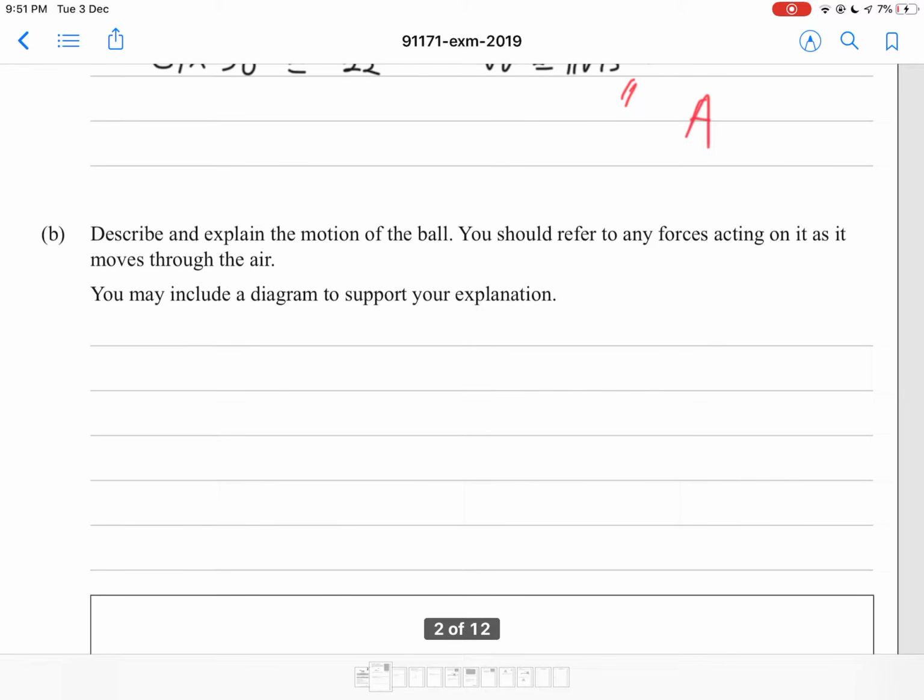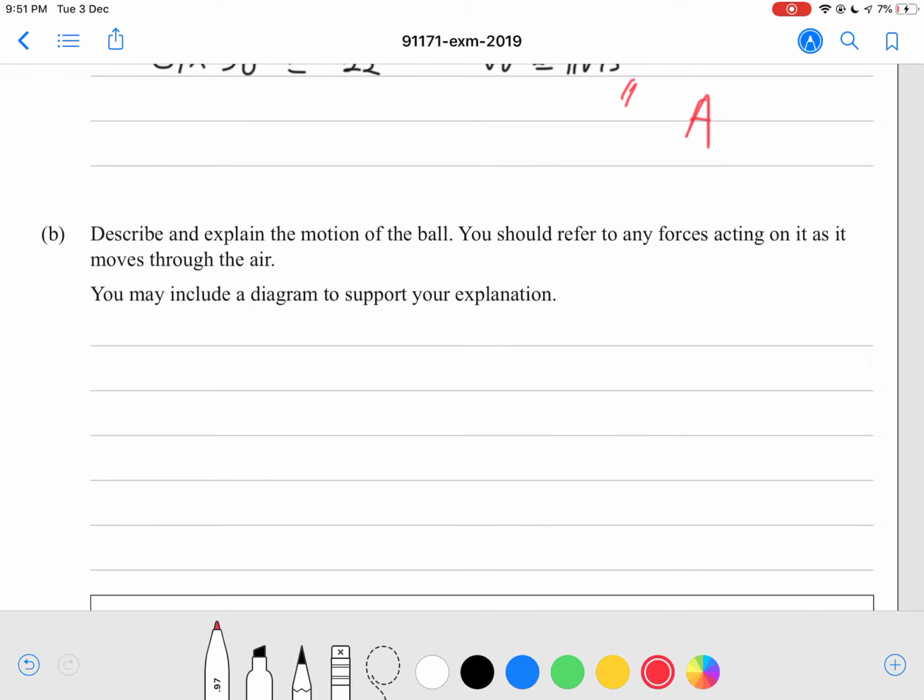Describe and explain the motion of the ball. You should refer to any forces acting on it as it moves through the air. You may include the diagram to support your explanation. So this is a pretty common question. The important term you have to remember is that the horizontal component remains the same.